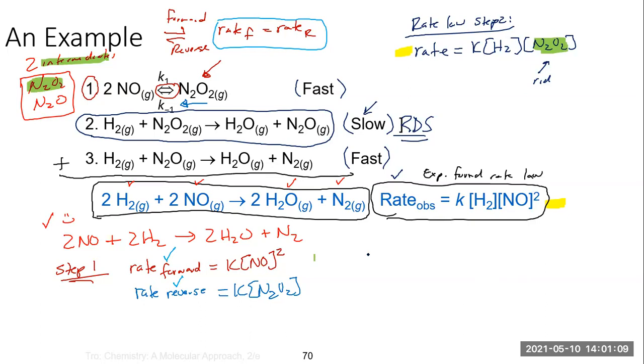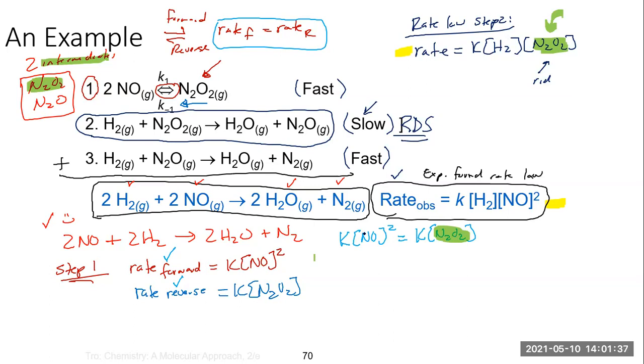So if I take my forward rate law and set it equal to my reverse rate law, you could hopefully start to see that perhaps I'm getting close to what I need, because I need to get N2O2 here basically to substitute out.